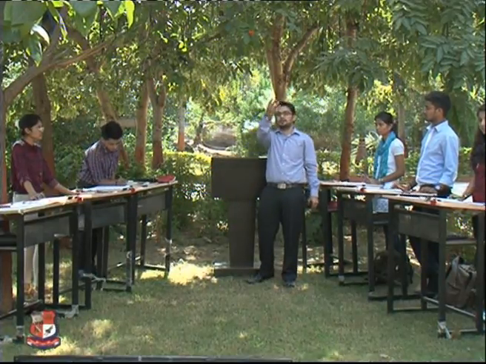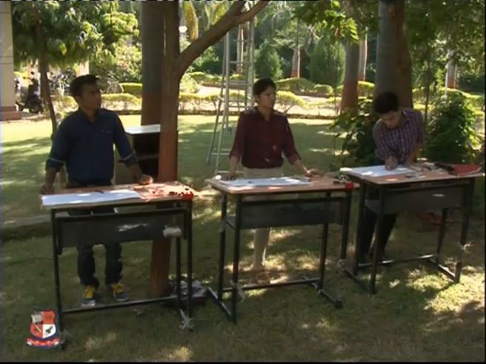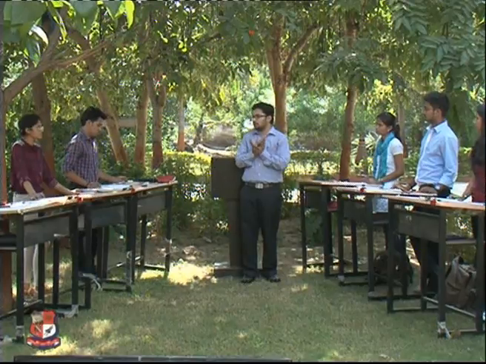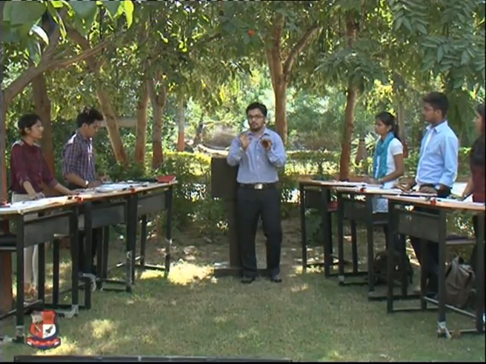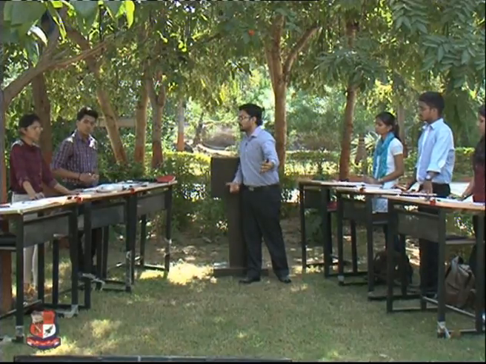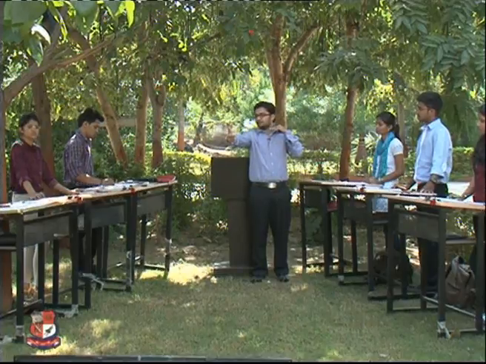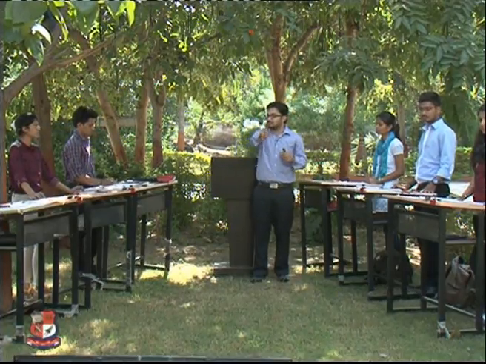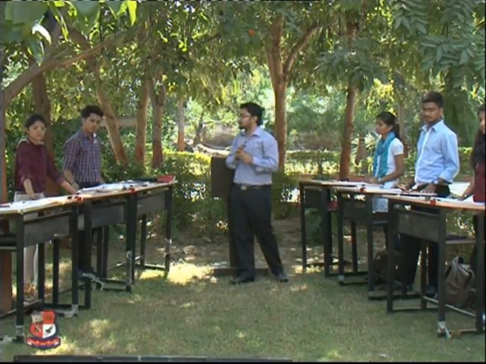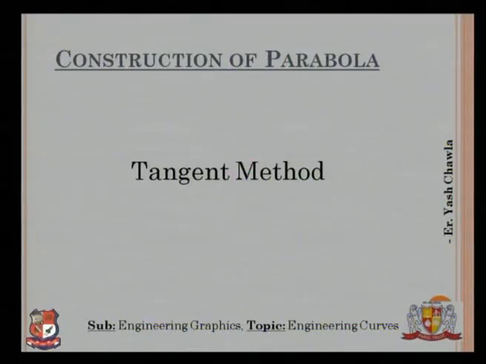It attains a maximum height of 20 meters, and at 100 meters I am catching it 5 meters above the ground. In the previous question A and B were both at ground level. Now A is at ground level but B is at 5 meters. So this method will be used. Understood? Yes. Done. Okay.